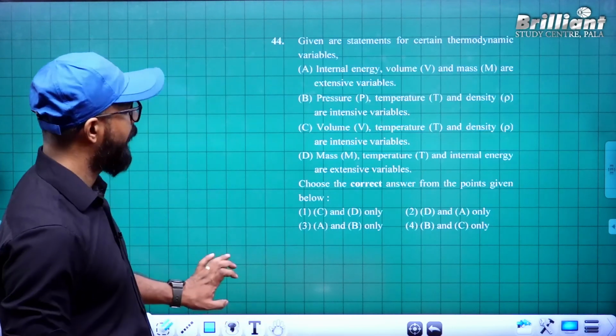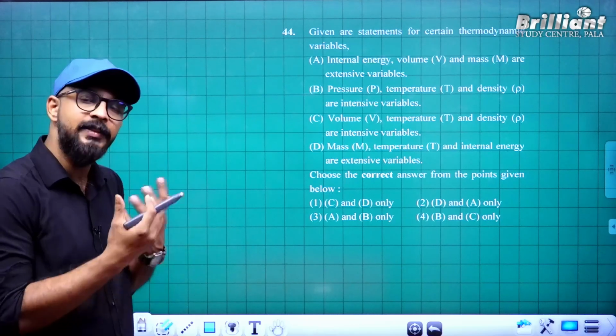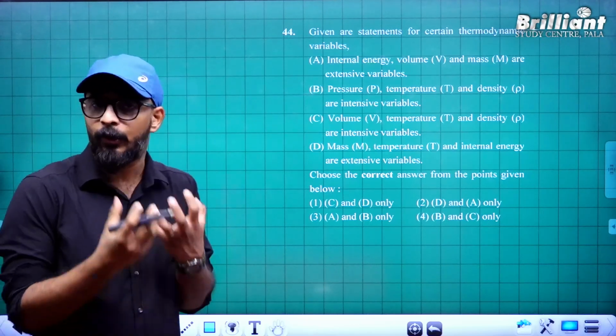Moving on. Extensive property and intensive property. What is an extensive property? Extensive properties are those which will depend upon the quantity over there.